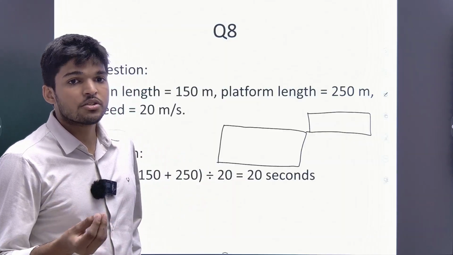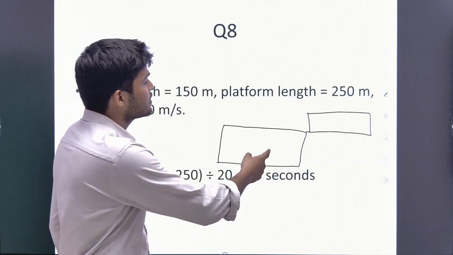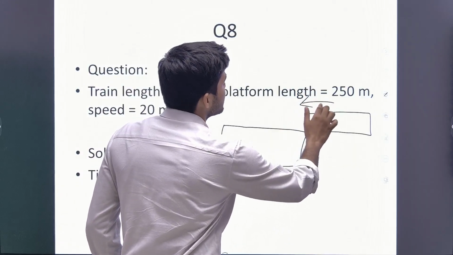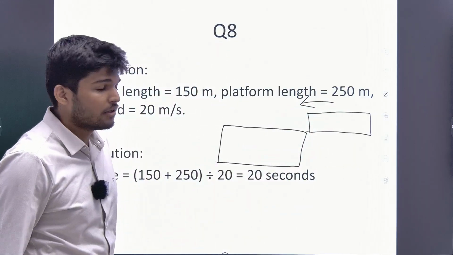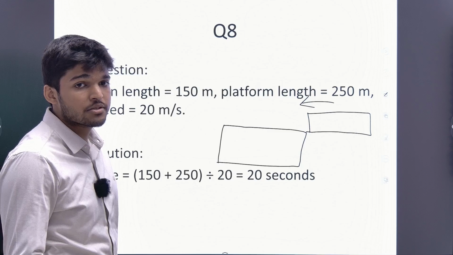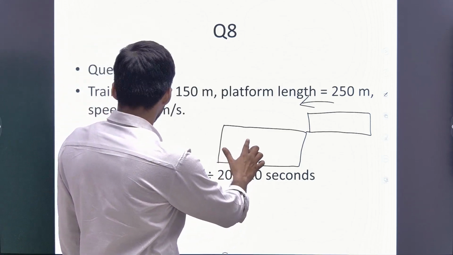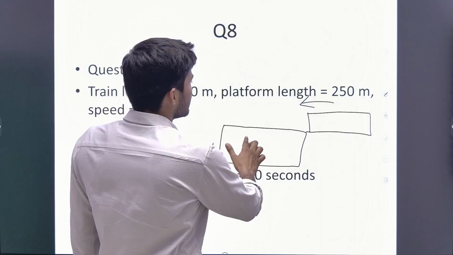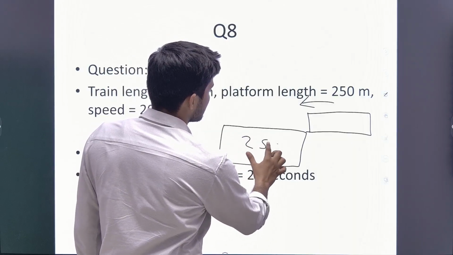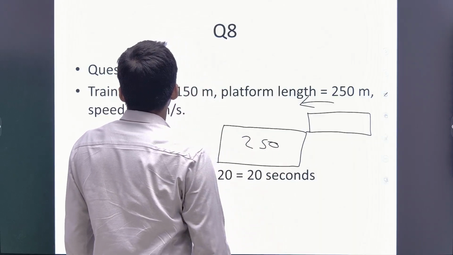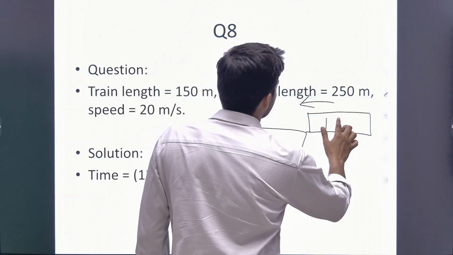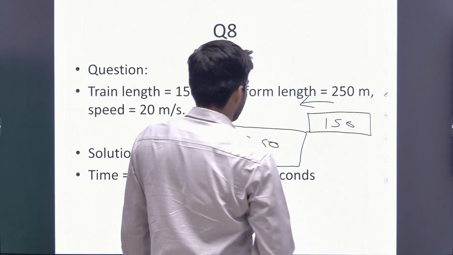So the process of crossing the platform starts at this moment while the train is moving in this direction, right? So the total distance which the train has to cover is the length of the platform, that is 250, plus the length of the train, that is 150.